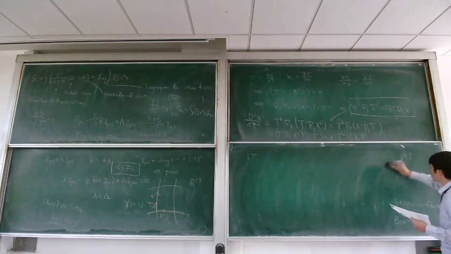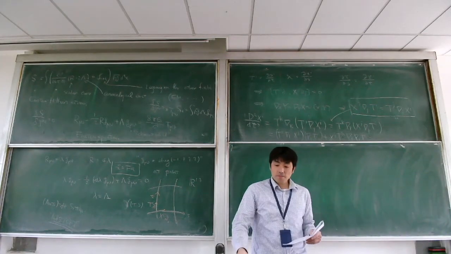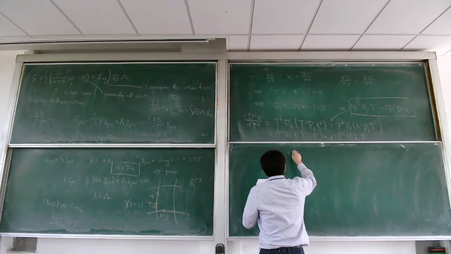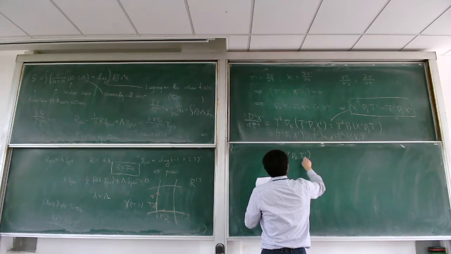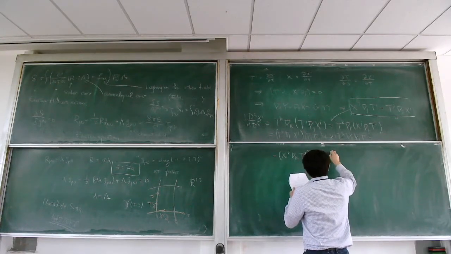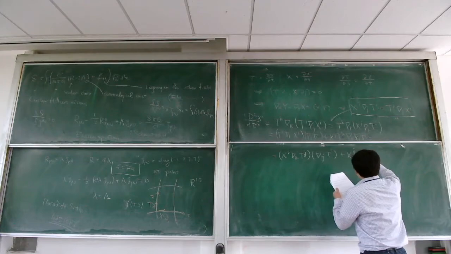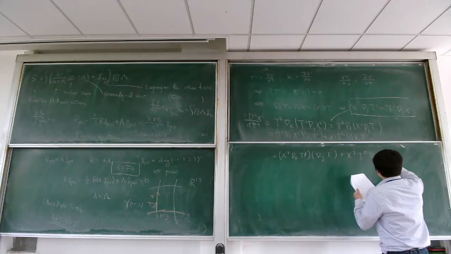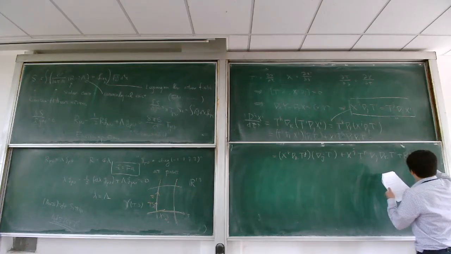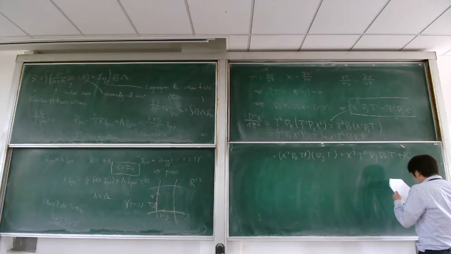I also introduce the Riemann curvature tensor, such that X^k nabla_k T^j nabla_j T^i plus X^j T^k nabla_j nabla_k T^i plus R. Why did I use this index?